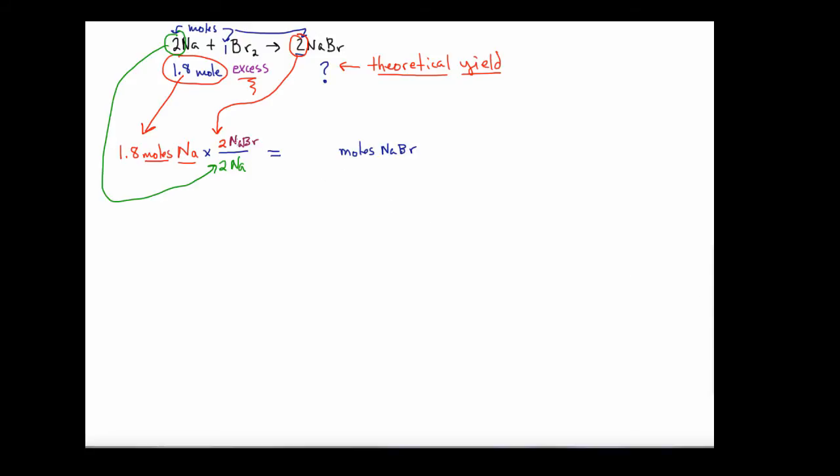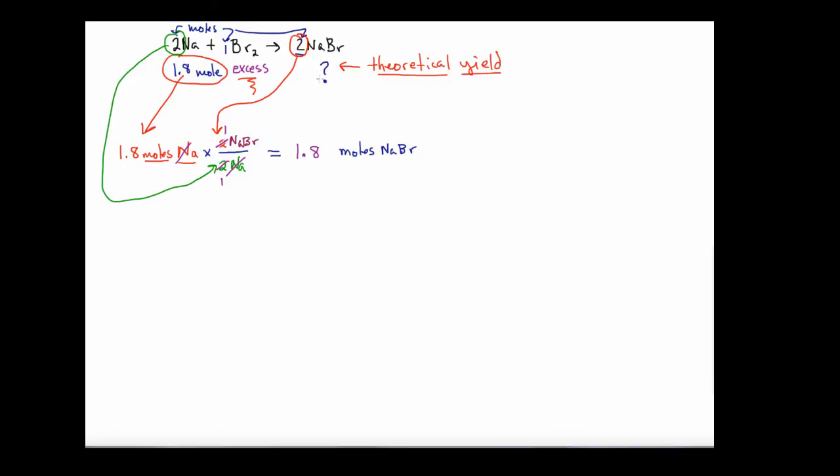And now you can see we've got 2 NaBr over 2 Na. The 2's are going to cancel like this. And then the sodium cancels with the sodium here. So we've successfully solved for 1.8 moles of NaBr.